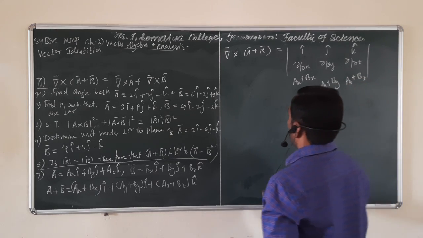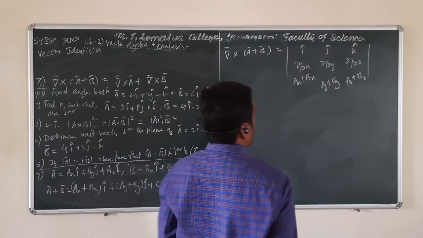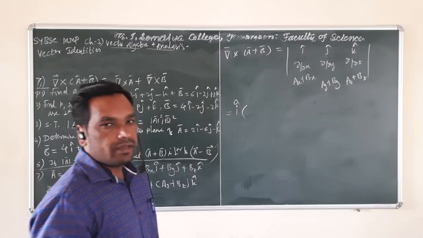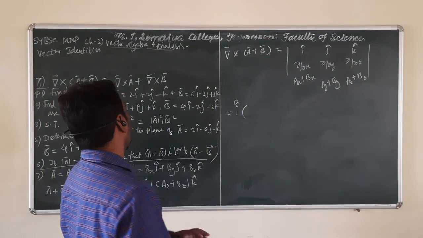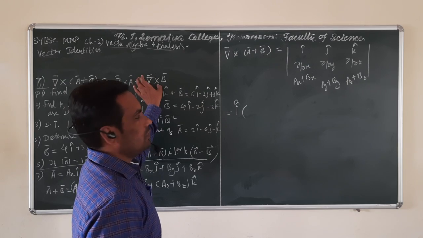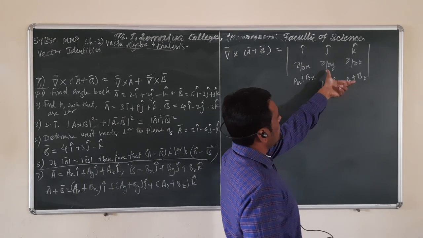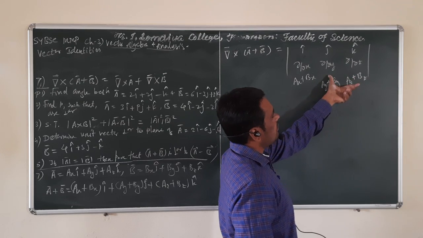Okay, now this is equal to i cap into, again we have to solve this determinant to get the right hand side of this equation. So i cap multiplied by partial derivative with respect to y of this term.